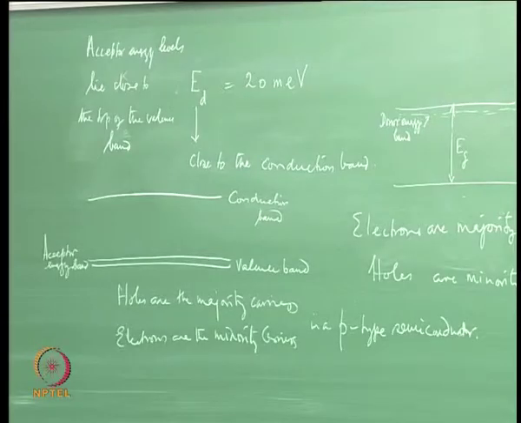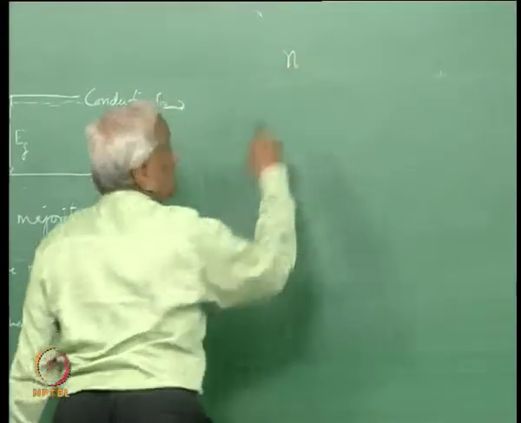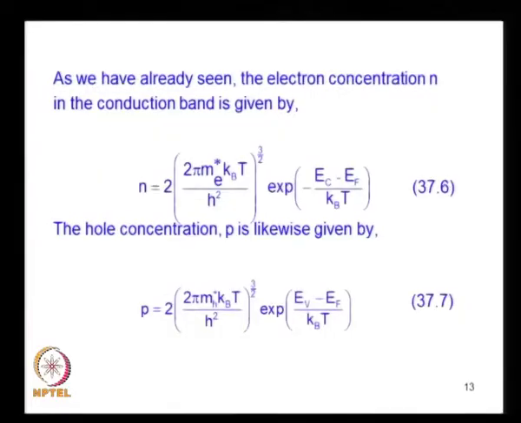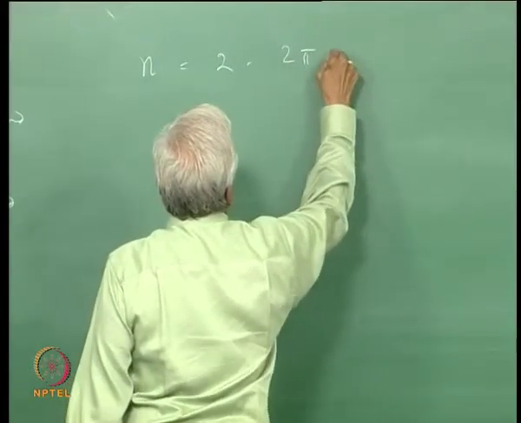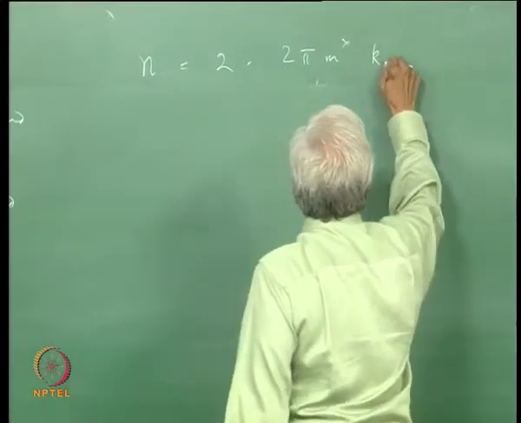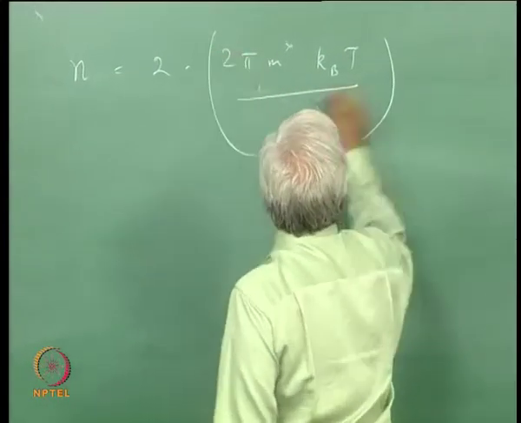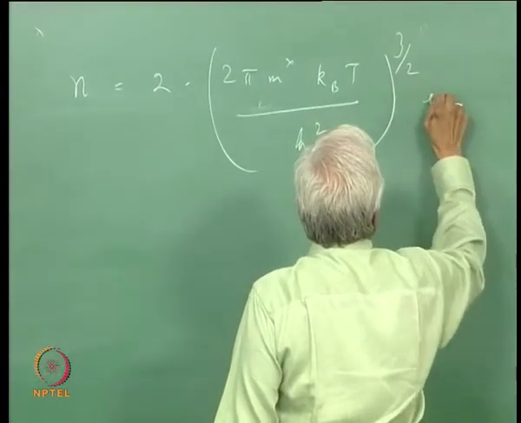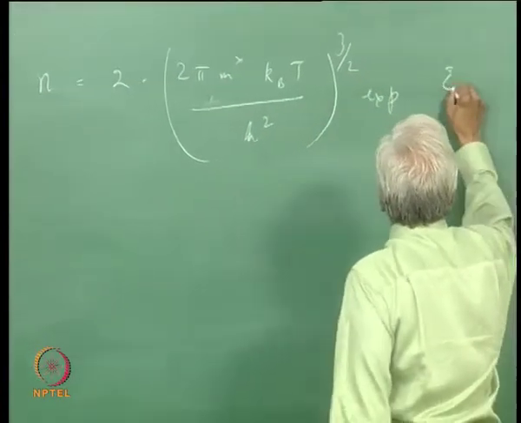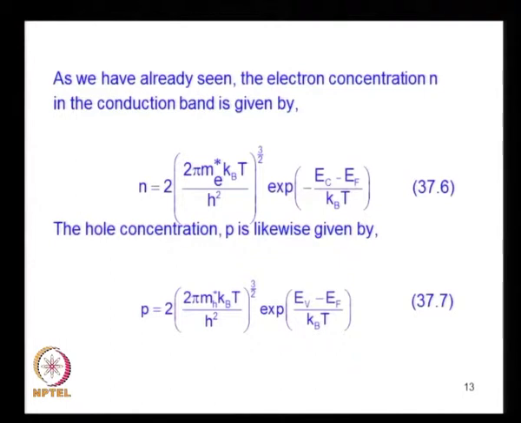So, this is the overall situation, and now we have already seen that the electron concentration is given as n, and that is 2 into (2 pi m star k_B T by h squared) to the power 3 by 2 exponential (E_F minus E_C).